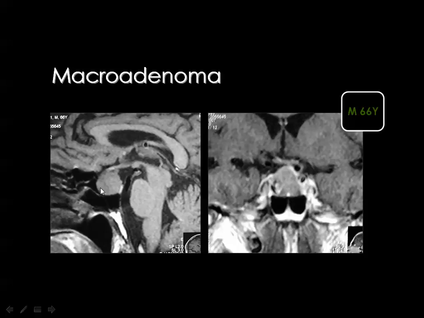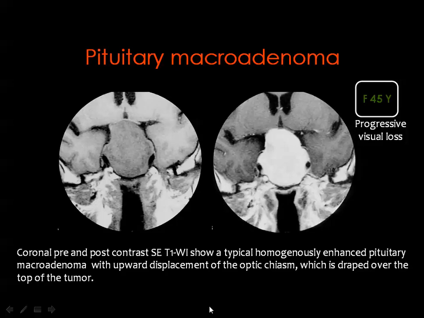Here is an example of MRI of pituitary adenoma. This adenoma is big, and it occupies the pituitary fossa, and it is seen extending a little bit into the suprasellar area, as you can appreciate from the coronal image. And this is a sizable pituitary adenoma.